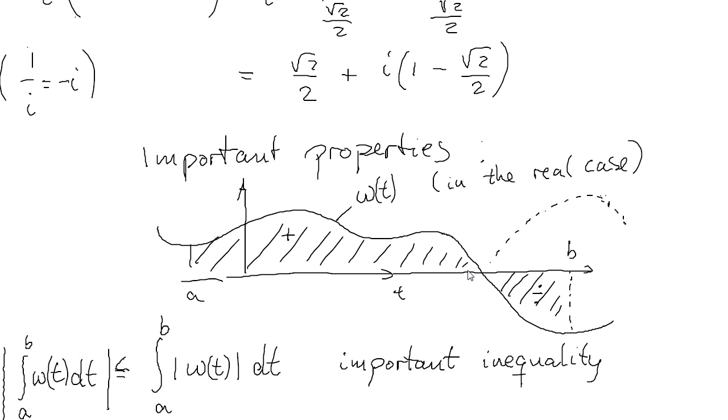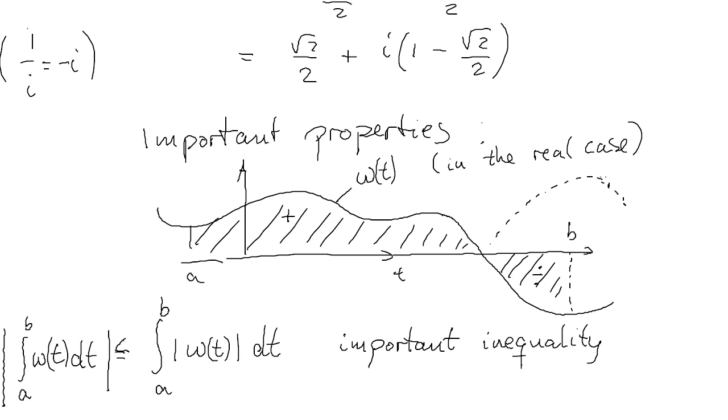So this is rather general, and we see that taking the absolute value of a function would increase the value of the integral, or let it be exactly the same value. So the absolute value of the integral is always less than or equal to the integral of the absolute value. This is an important inequality which we will use later on.